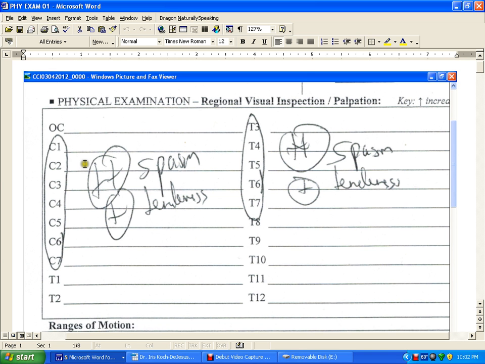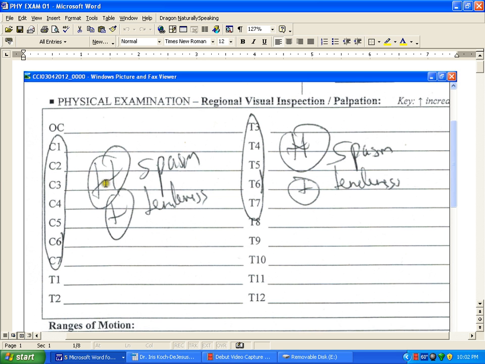So you're going to type in there when it's 2 pluses, that means it's moderate, and the 1 would be mild. So you're going to put there is moderate spasm in the cervical. No, I'm sorry, let me repeat.